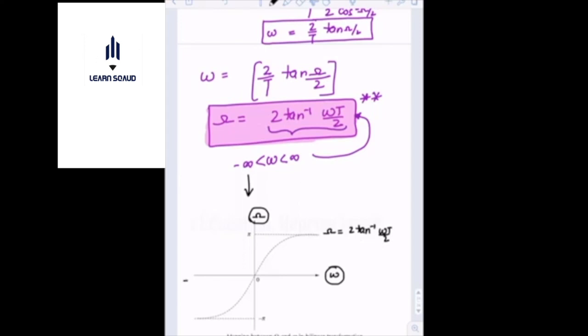The continuous frequency is varying from minus infinity to infinity, and the tan inverse function will vary from minus pi to pi. Okay, and we can see that this is a one-to-one relationship. So the problem which we were facing in the impulse invariance transformation, that there was a many-to-one mapping, is removed here.